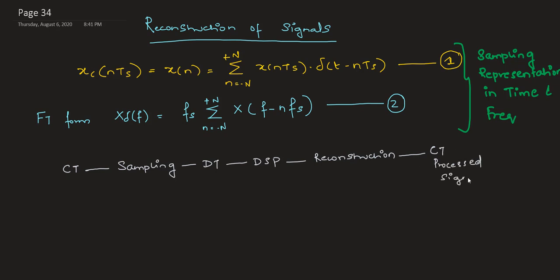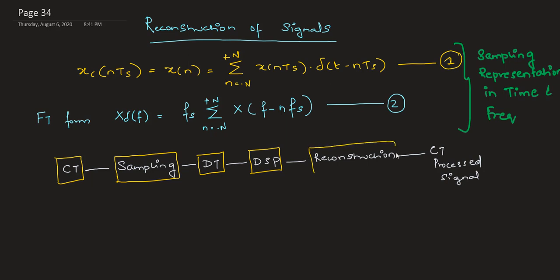So this is the whole pipeline when you talk about sampling and reconstruction. We are going to see more on the reconstruction problem in the next lecture, but for now I am only introducing what reconstruction is and its place in our sampling pipeline.